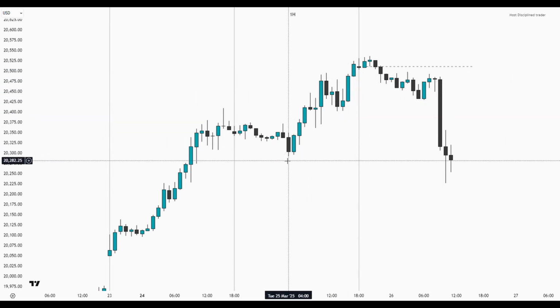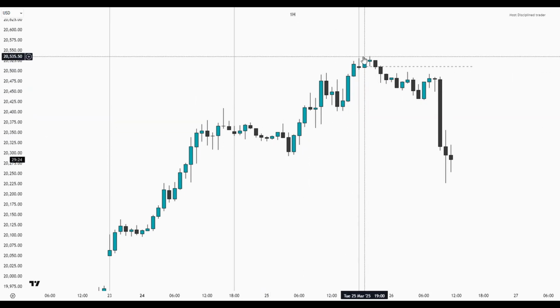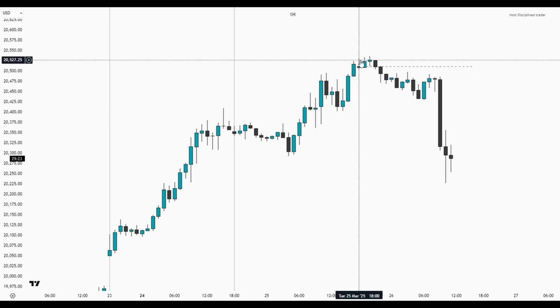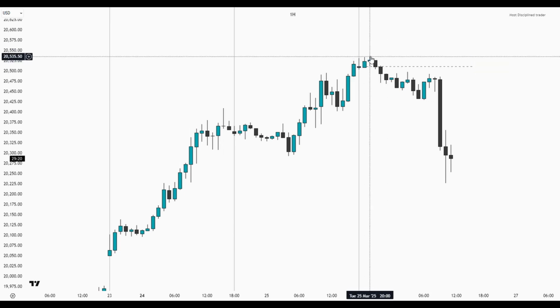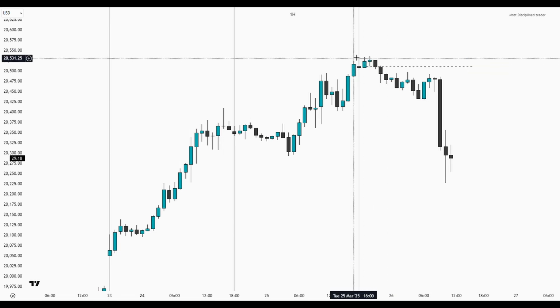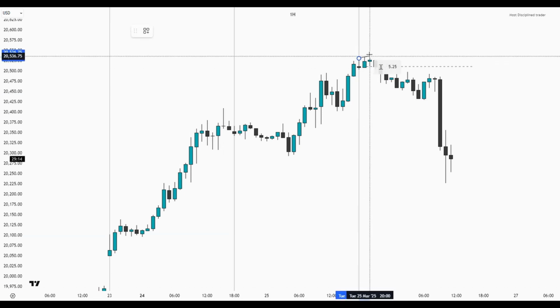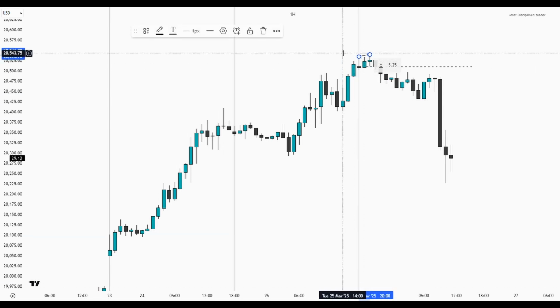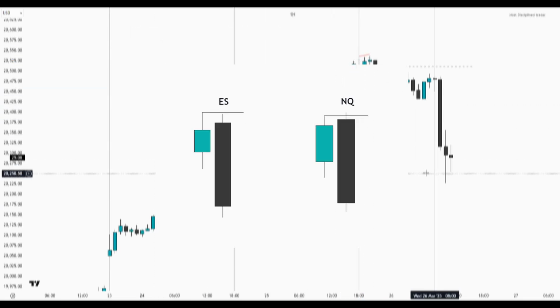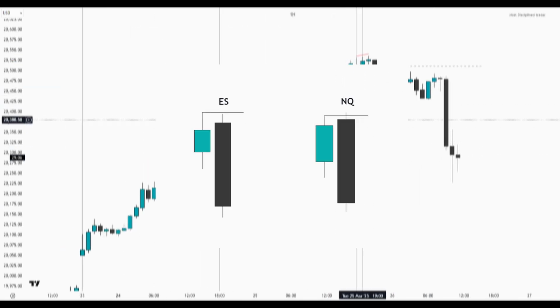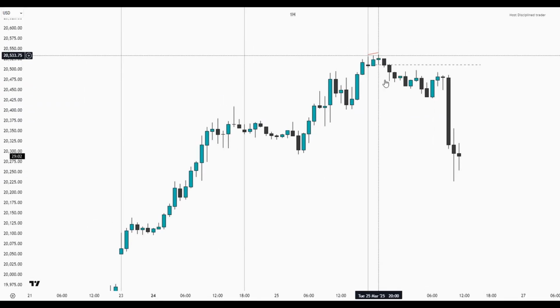So Tuesday, as you can see, expanded. Now what we have here is an SMT. So we have an SMT right here with ES. NQ took previous day high. S&P did not. So we're looking at that and we're saying, okay, this can validate a short.